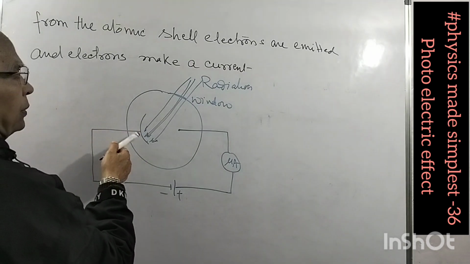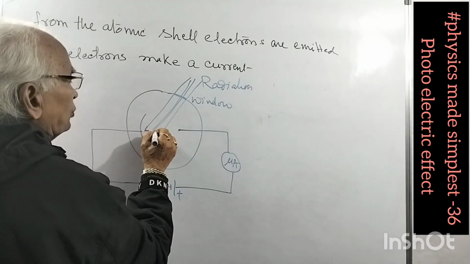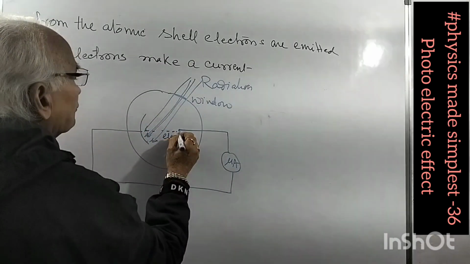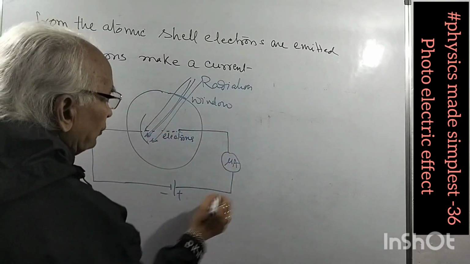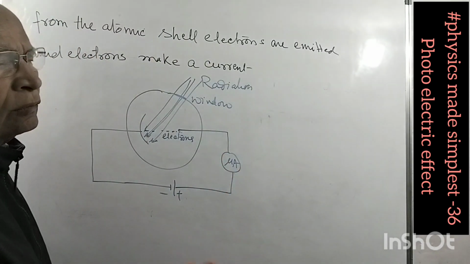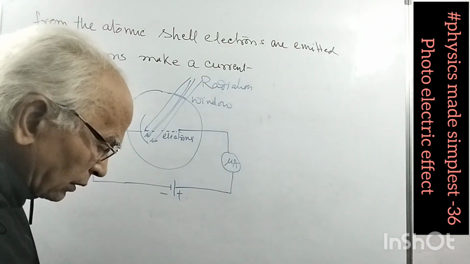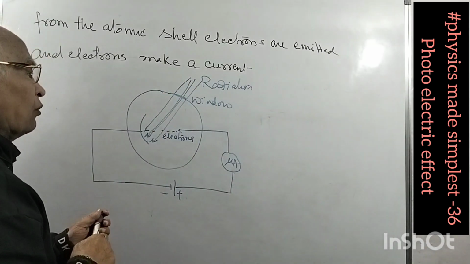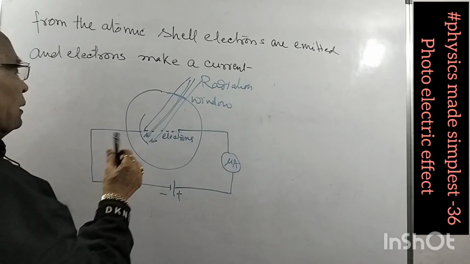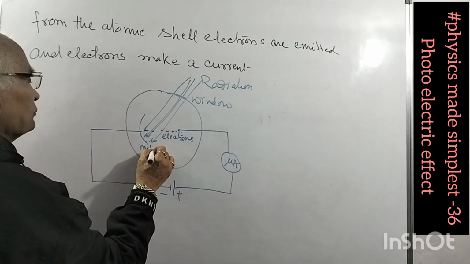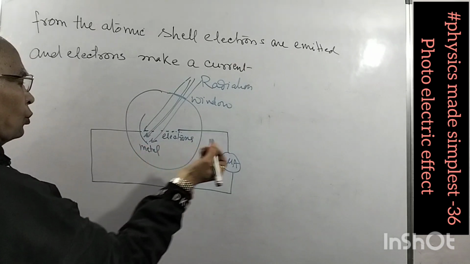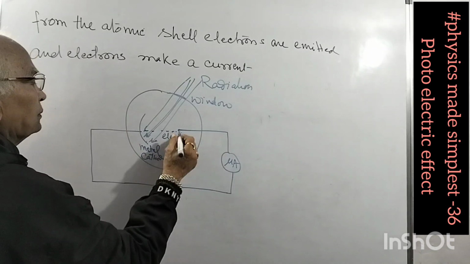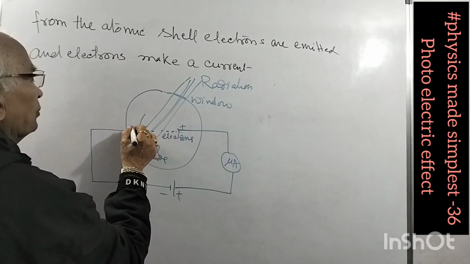With the battery here, electrons come out and constitute a current. Electrons flow in this circuit and a current of the order of microamperes will flow. So these photons or radiations fall upon a metal cathode, sodium, potassium, calcium, and this is the anode, plus, and this is minus.